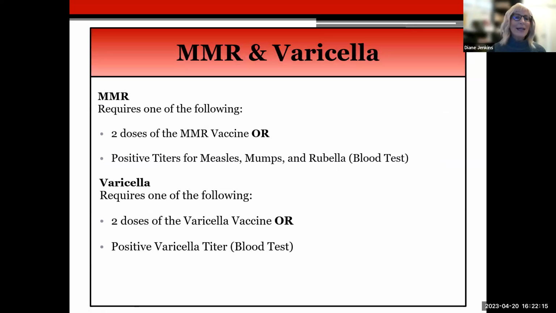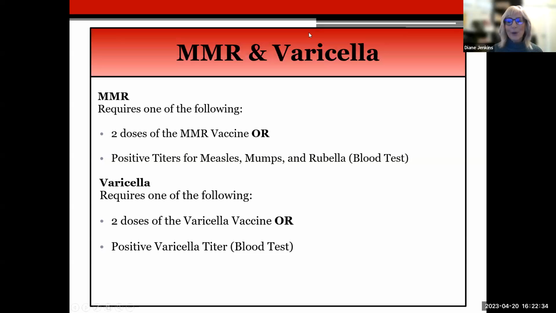Also required are the MMR and the varicella. For the MMR, what is required is 2 doses of the vaccine or a blood test. Most of you have had 2 doses of the MMR when you were a child.